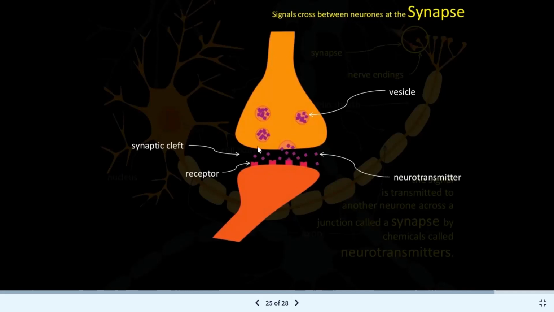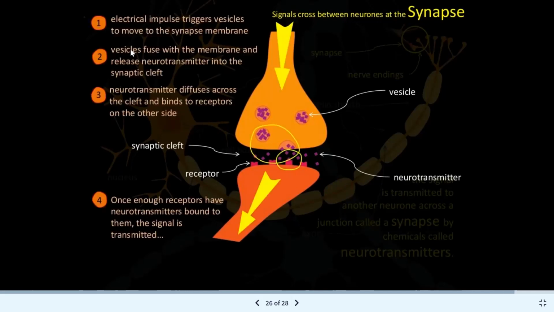Near the synapse, vesicles contain the neurotransmitter, by which a response is created. The electrical impulse triggers vesicles to move to the synaptic membrane.